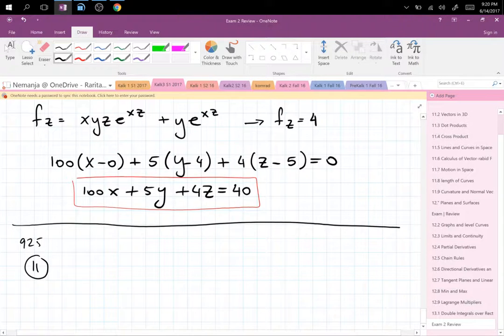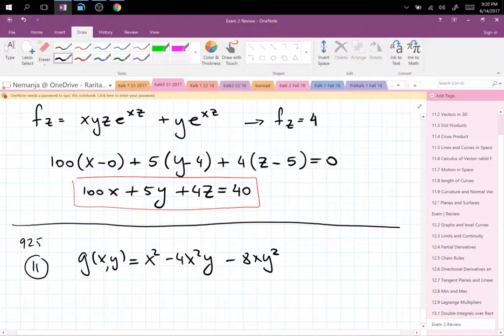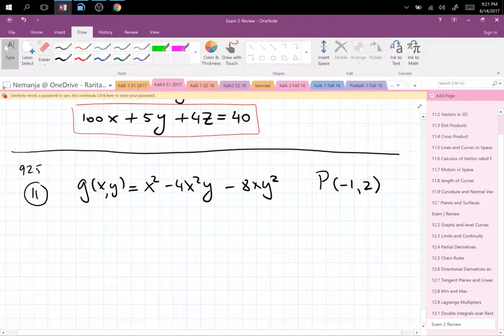Compute the gradient. g(x, y) is equal to x squared minus 4x squared y minus 8xy squared, and the point at which we want to compute this is negative 1, 2. So del g of x and y is a vector of partial derivatives.